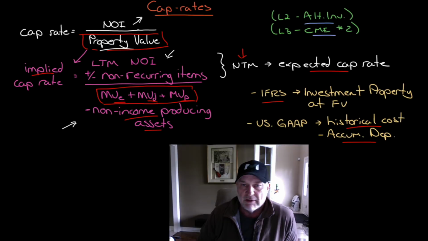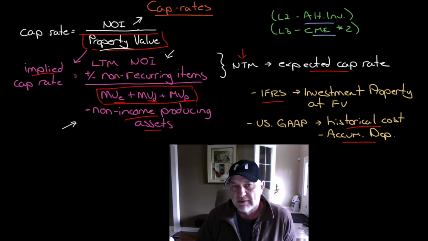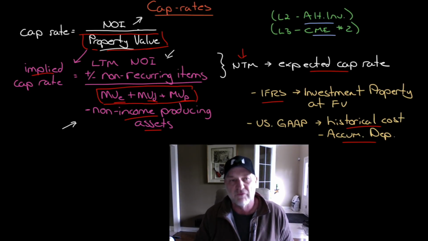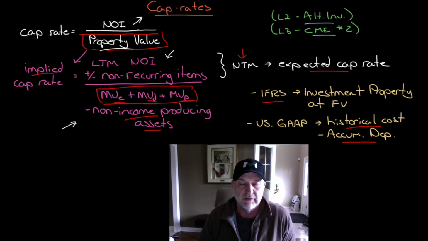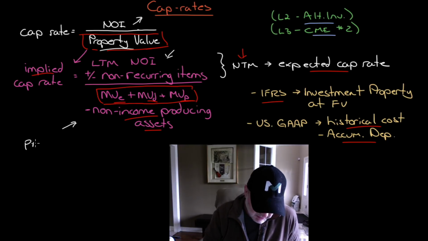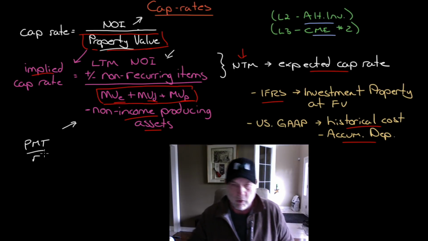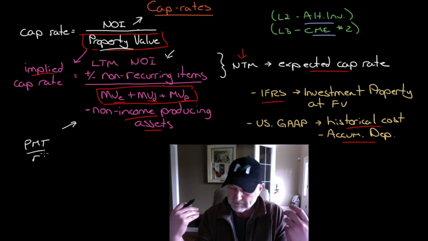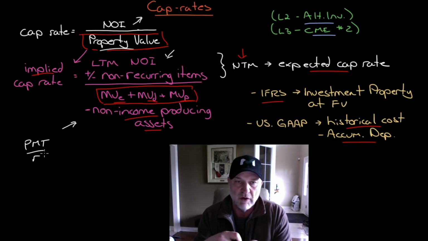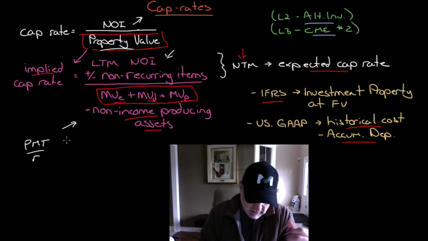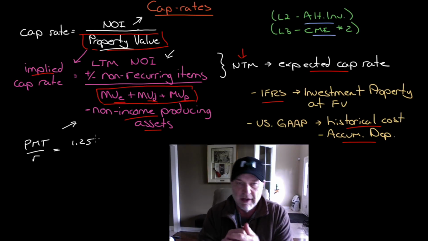If you go back to level 1 quant, we looked at how we would value a preferred share. Especially a perpetual preferred share, we value it as a perpetuity. And a perpetuity is simply the fixed payment that we're getting, divided by whatever required rate of return we want, based on the riskiness of what we were buying. So let's take a preferred share that's going to pay $1.25 a year.